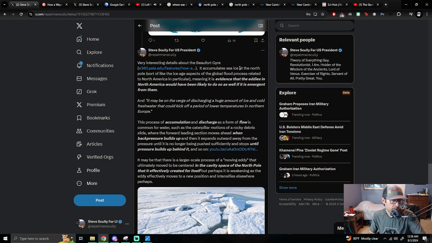It accumulates sea ice at the North Pole, meaning it is evidence that the eddies in North America would likely have done so as well if it is emergent from them, basically. And it may be on the verge of discharging a huge amount of ice and cold fresh water that could kick off a period of lower temperatures in northern Europe.